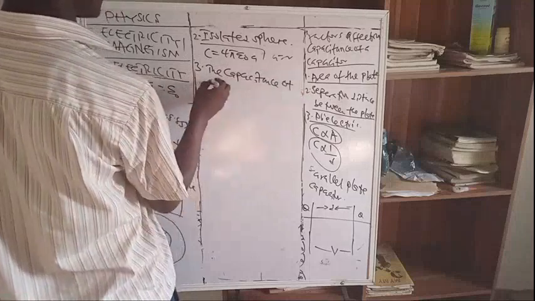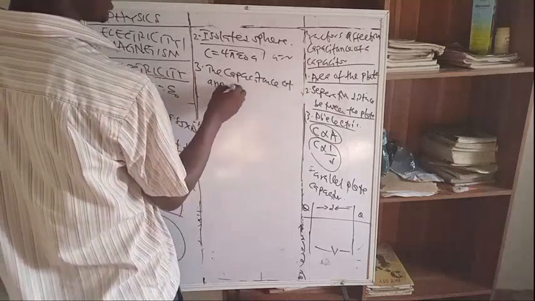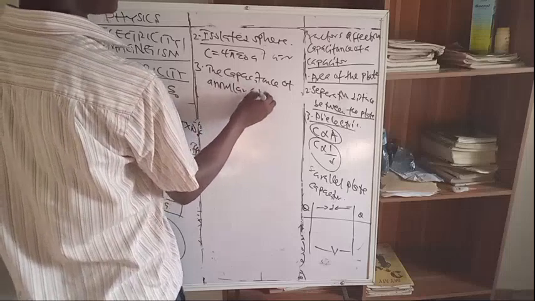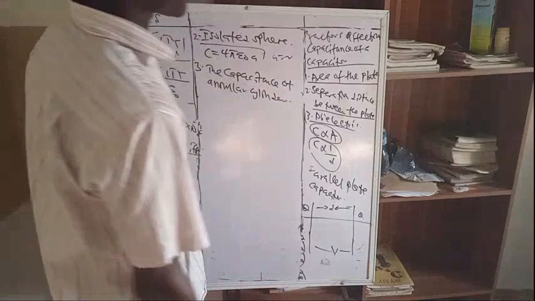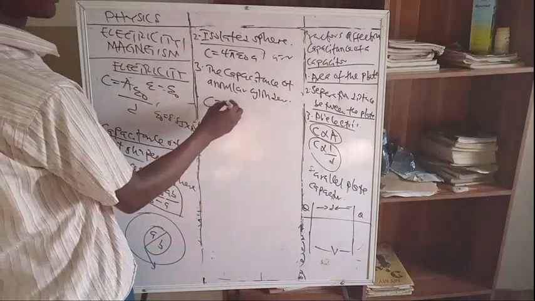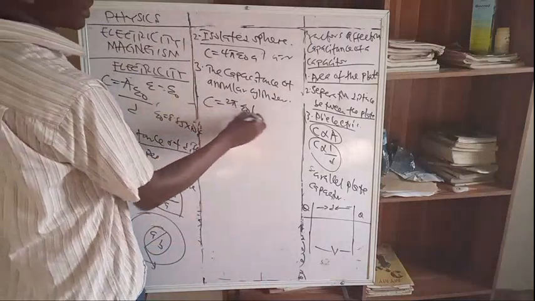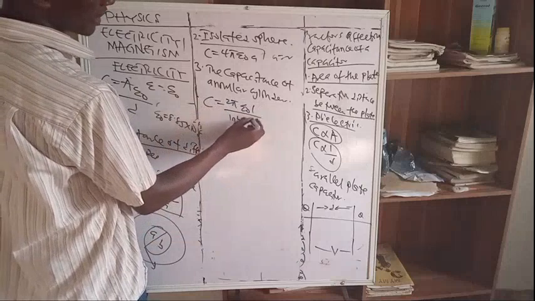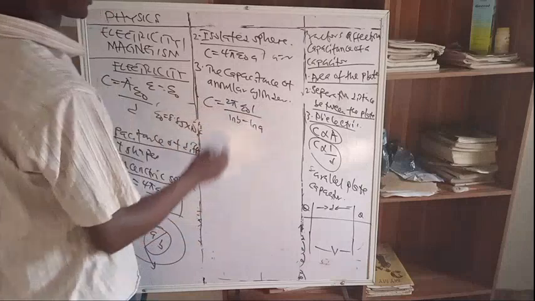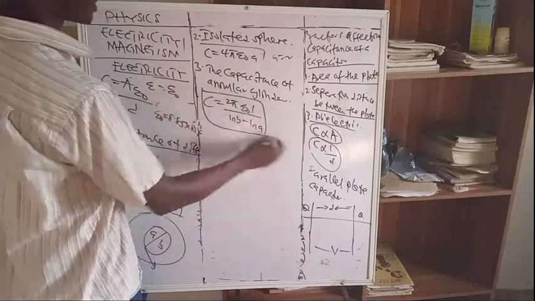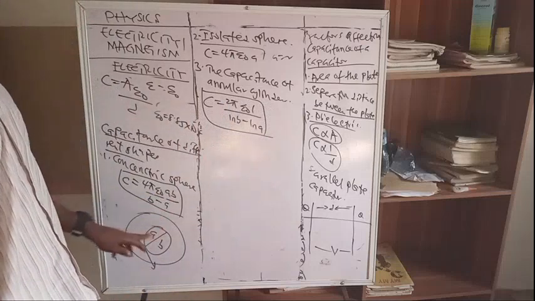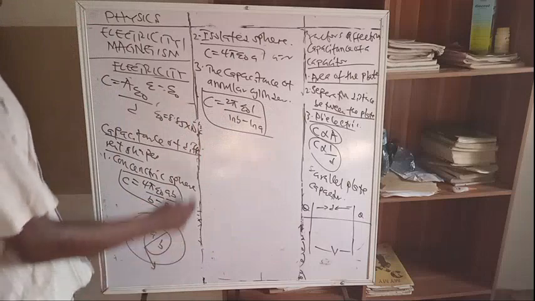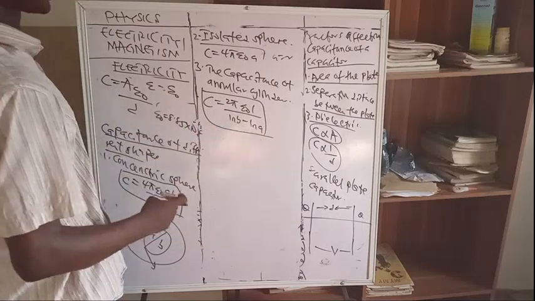So the capacitance of an annular cylinder is given as C is equal to 2 pi E naught L over ln B minus ln A. Concentric sphere is 4 pi E naught AB, internal and external radius, over B minus A. Then this one is the capacitance of an annular cylinder.